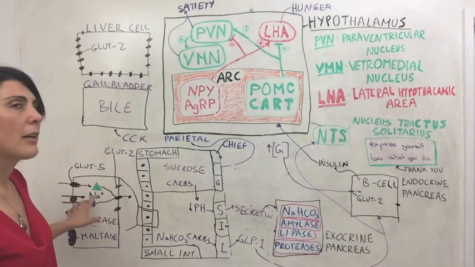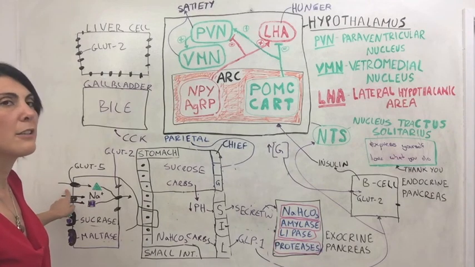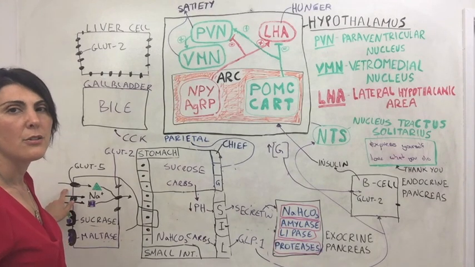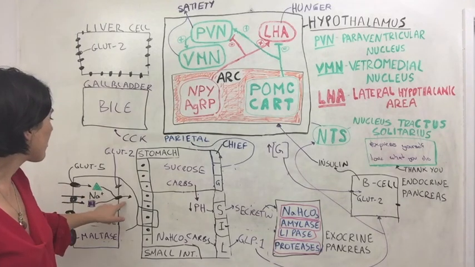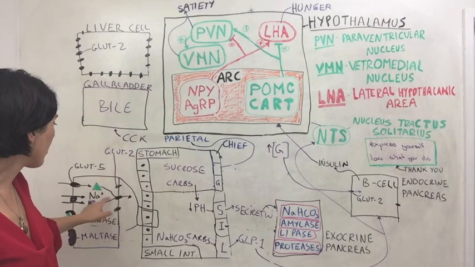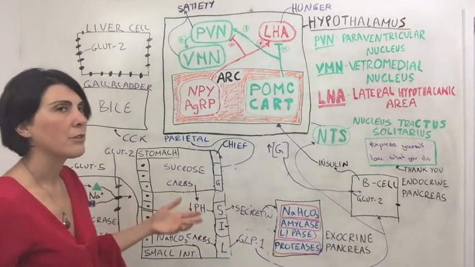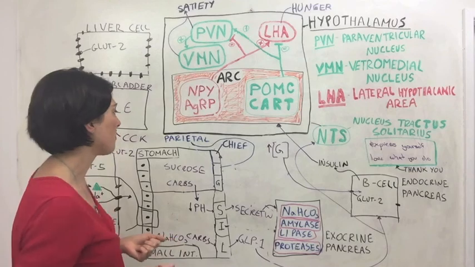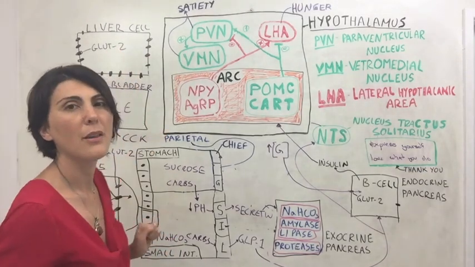We already talked about how glucose is absorbed into the circulation. Fructose uses a different transporter, the GLUT5 transporter, and then on the basolateral side, on the other side of the cell, it uses the GLUT2 transporter, and then eventually it will enter the circulation and mainly be metabolized by the liver.